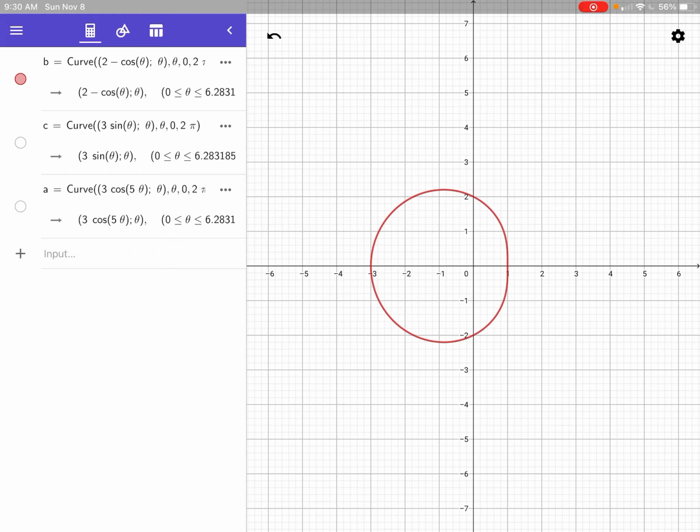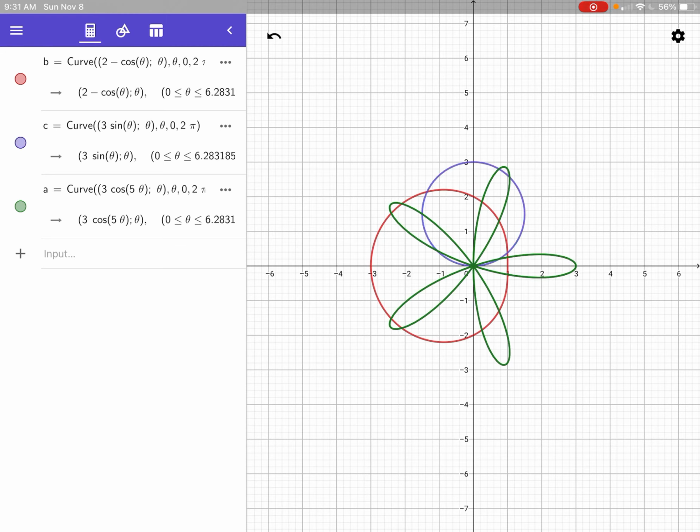If I put a coefficient in front of cosine theta, every little change will change these graphs. Play around with it, pretty cool. There's all 3 at once. GeoGebra is an awesome tool.